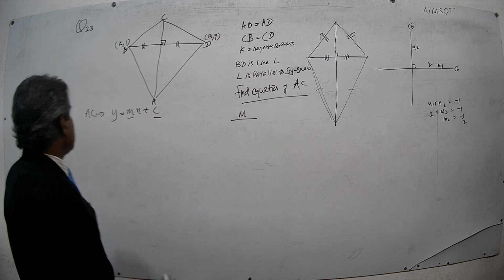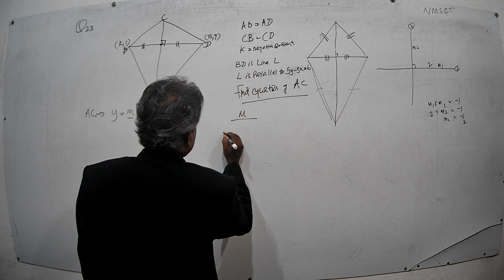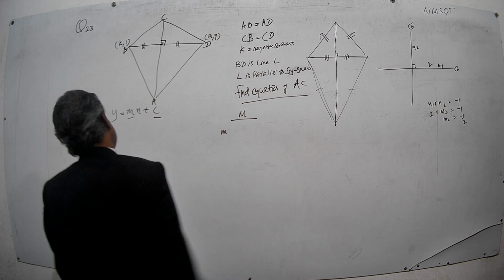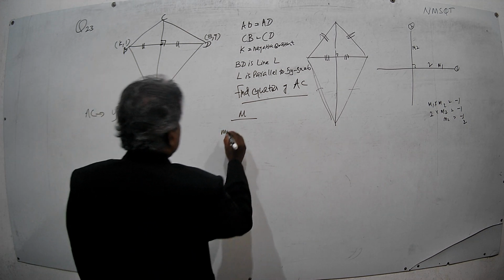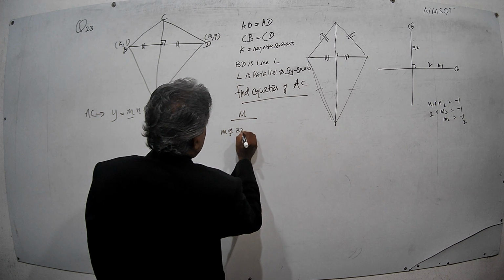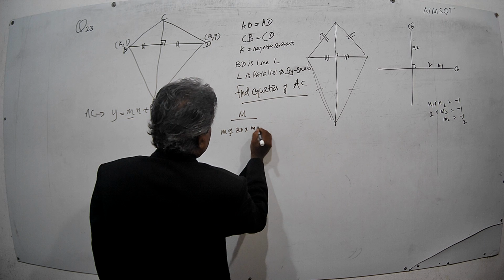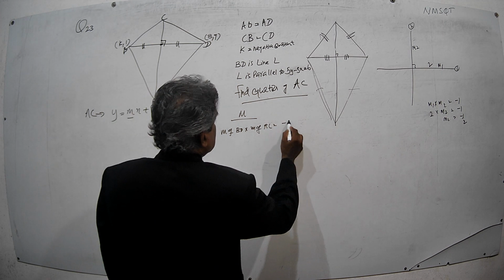Then you can write here, to get the gradient, m will symbolize the gradient. Then m of BD into m of AC equals -1.